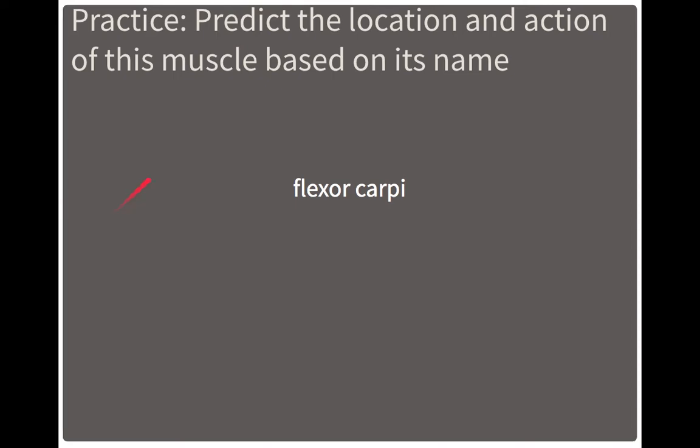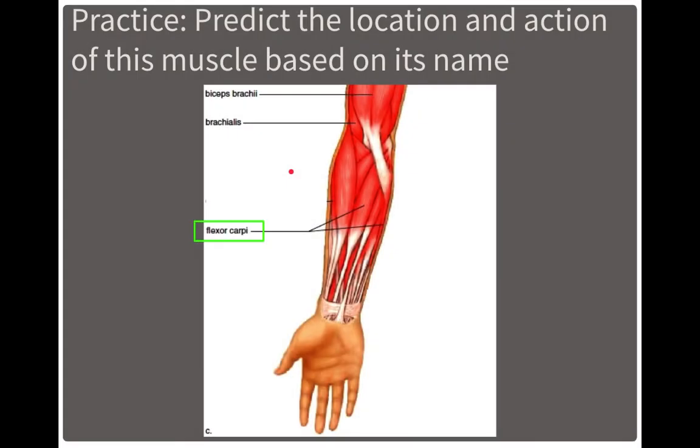Okay, so the flexor carpi. Carpi would be named for the carpal bones, which are found in the wrist, and flexor, they cause your carpal muscles to flex. And so there they are, the flexor carpi. So these are found in the lower arm on the anterior side, and when they contract, they cause flexion right there at the wrist.